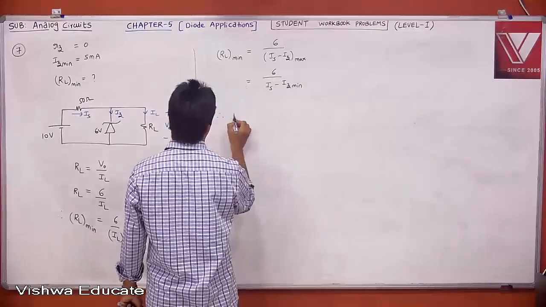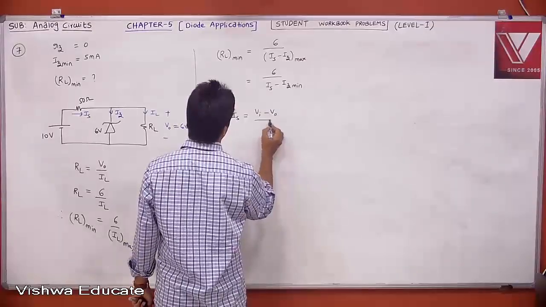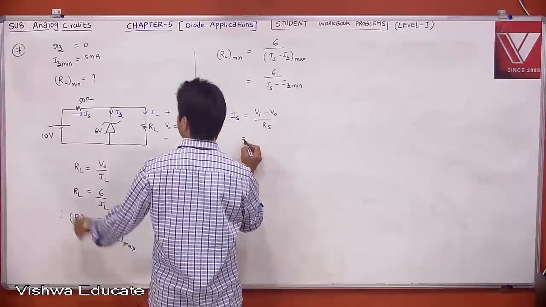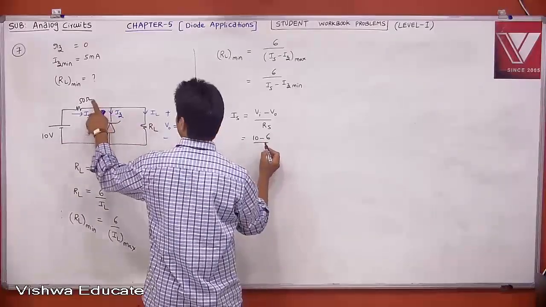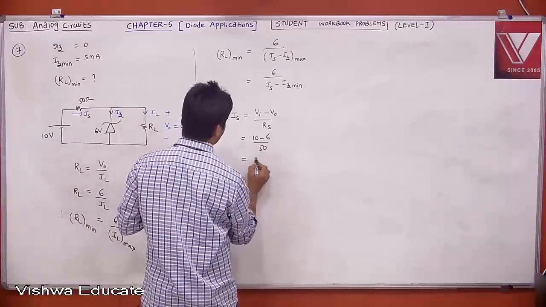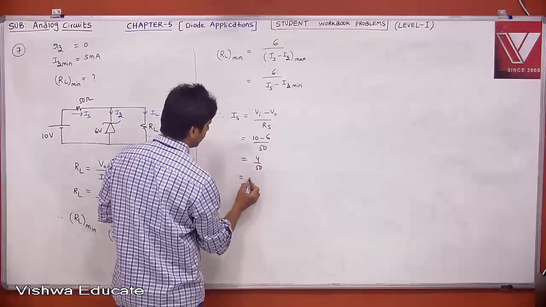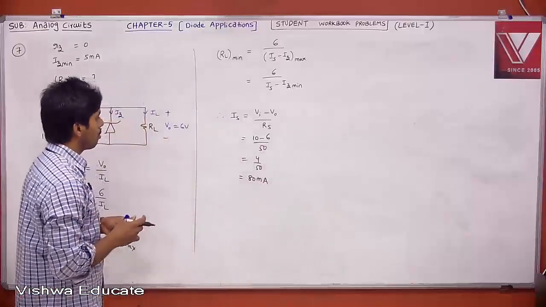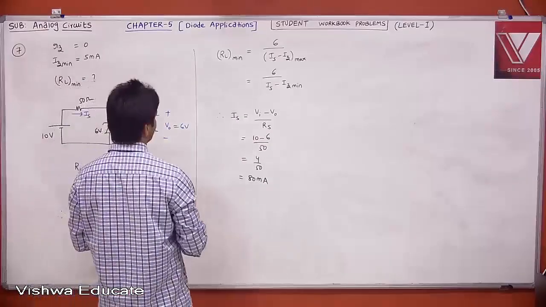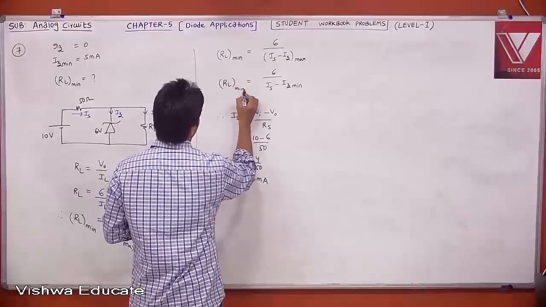Therefore, what is IS? IS is nothing but input voltage minus output voltage divided by RS. What is input voltage? 10. Output voltage? 6. RS is 50. Which is nothing but 4 divided by 50, which is 80 milliampere. Right? Then what is your IZ minimum? That is already given.